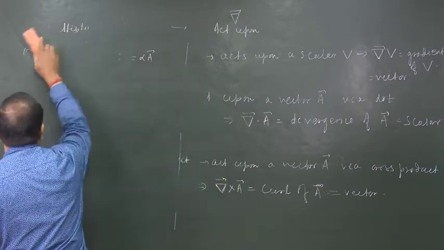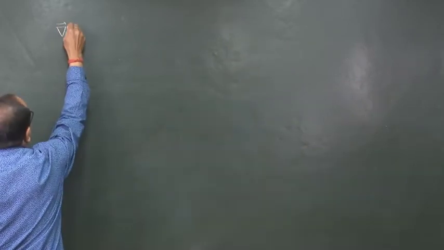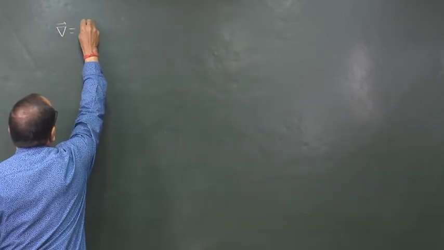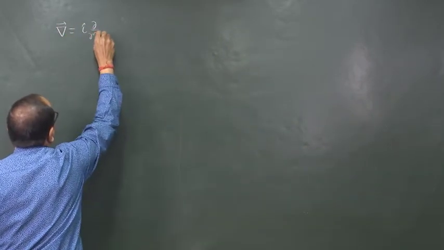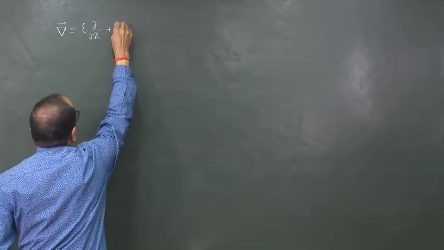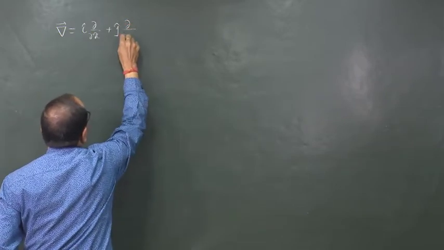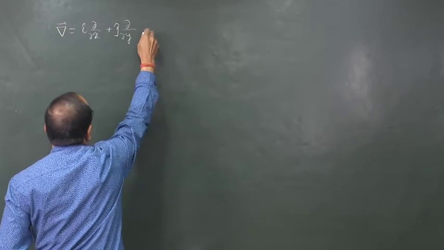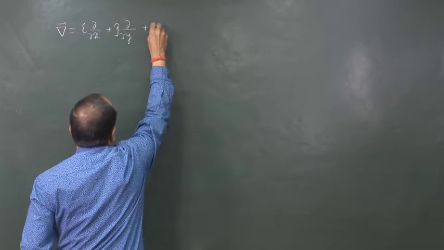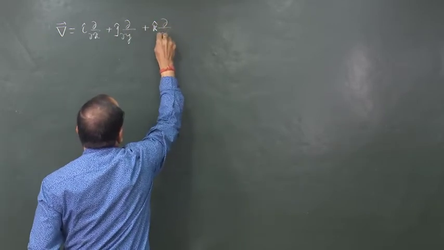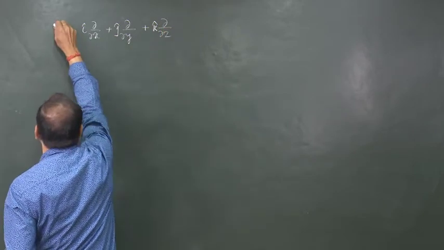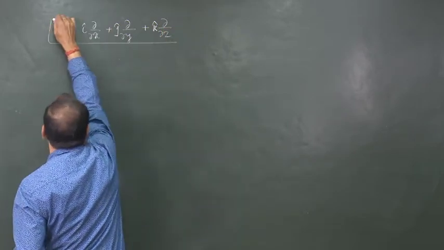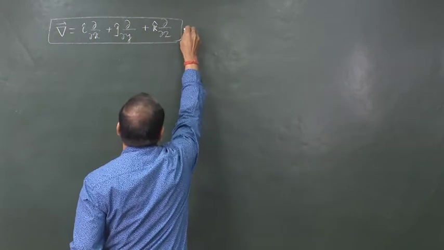As gradient we have already discussed, this is the gradient: i cap del by del x plus j cap del by del y plus k cap del by del z.